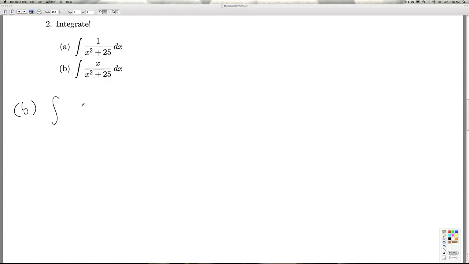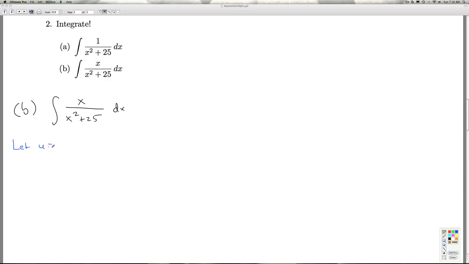Okay, in part B, the integral is hauntingly similar to part A, except in part A I didn't have an x up top, and now I do. So what form does this fit now? Well, if I look at the denominator, the derivative of the denominator is more or less the numerator.